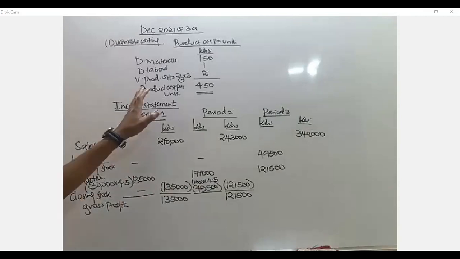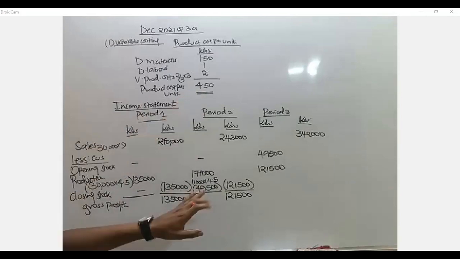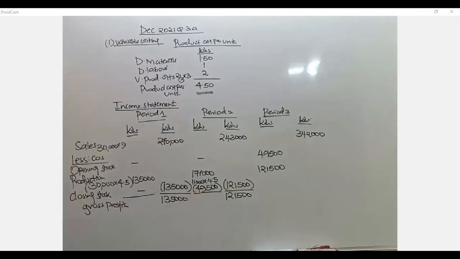You multiply by the production cost per unit, which is 4.5, getting 171,000. Now, for the closing stock for the second period, I was able to produce 38,000 and I sold 27,000. Closing stock for the second period is 11,000. So 11,000 multiplied by 4.5, getting 49,500.